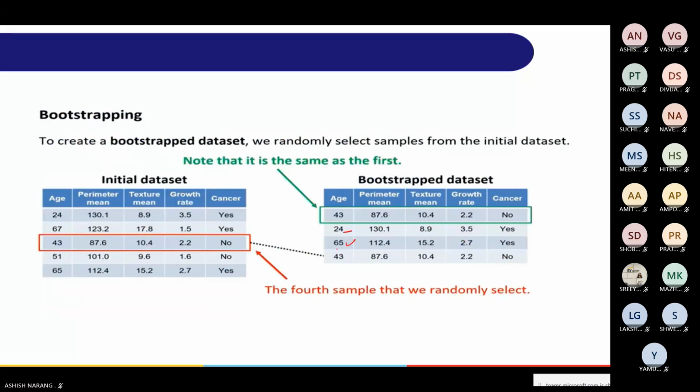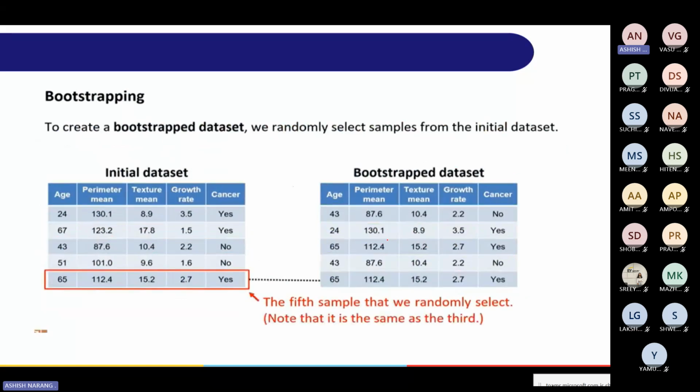But what is important is the same record is appearing twice. So this is what a bootstrap data set is. It's with replacement. The ball can be drawn again from the sample. 5 records were there, but if you look at this, this is repeated and this is repeated.